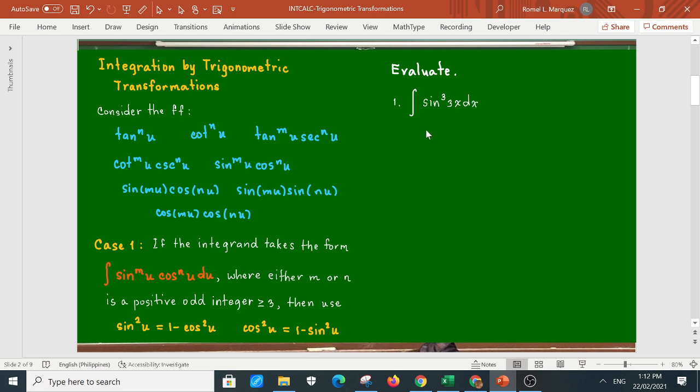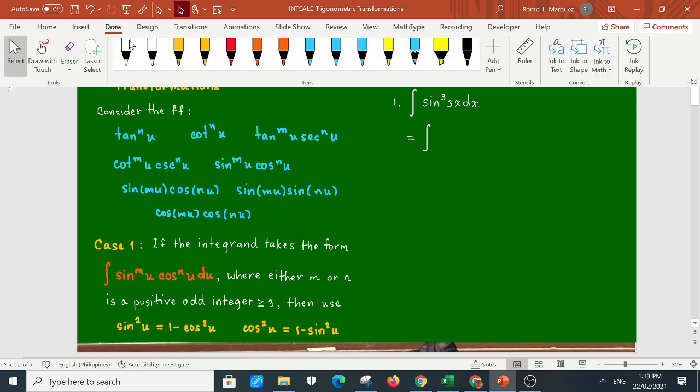So what you do is split this into a linear sine, which will serve later as part of the differential, combined with the dx.